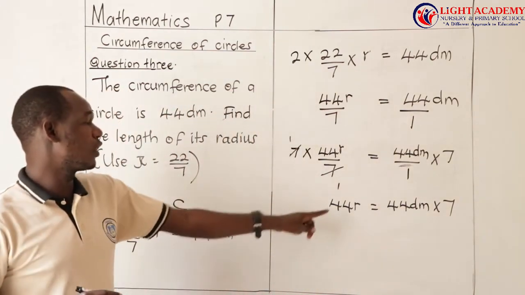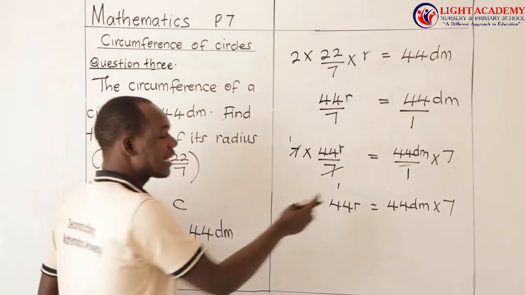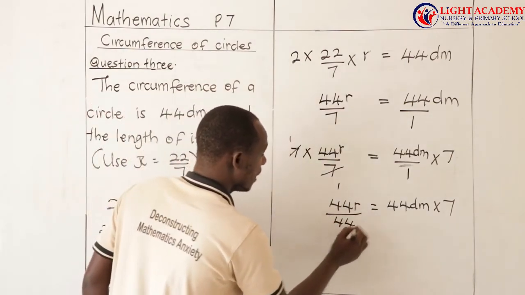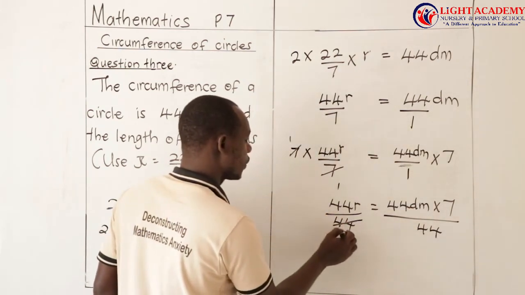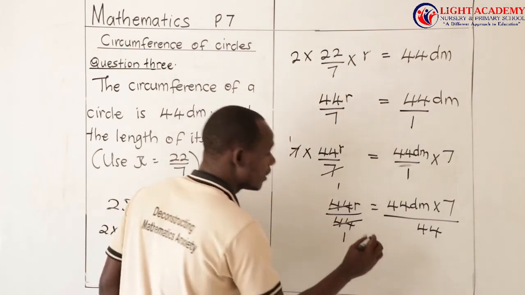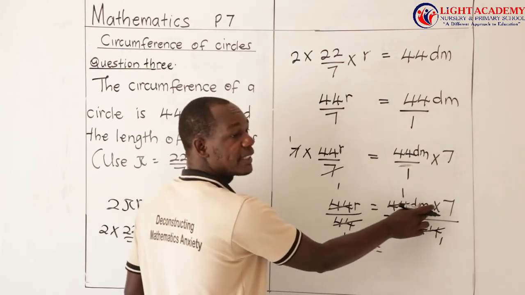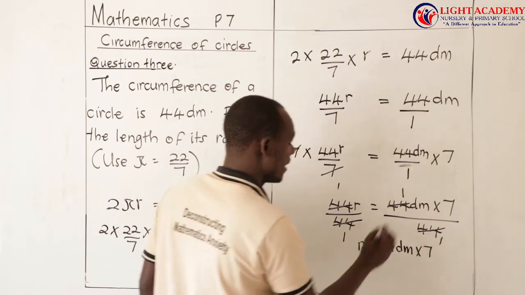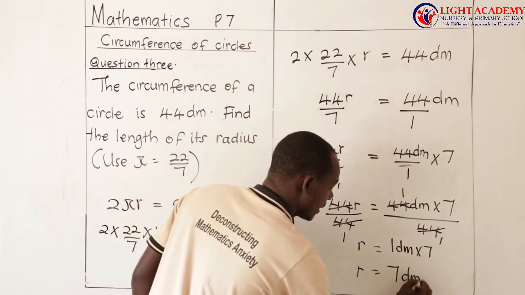From this point, you will divide both sides by the coefficient of r, which is 44, so that I only remain with r. I'll divide this side by 44 and this side by 44. And 44 by 44 is 1, I remain with r. So your r will be equal to 44 by 44 is 1, you get 1 decimeter. So I'll now multiply 1 decimeter times 7. That means our radius is actually 7 decimeters.